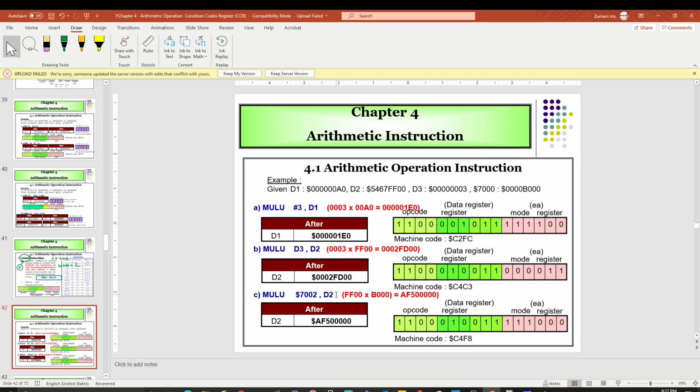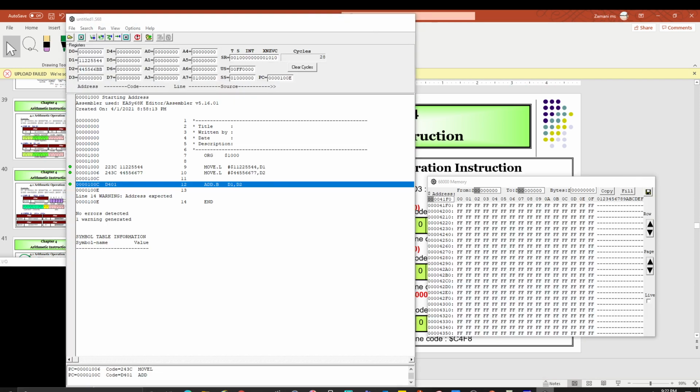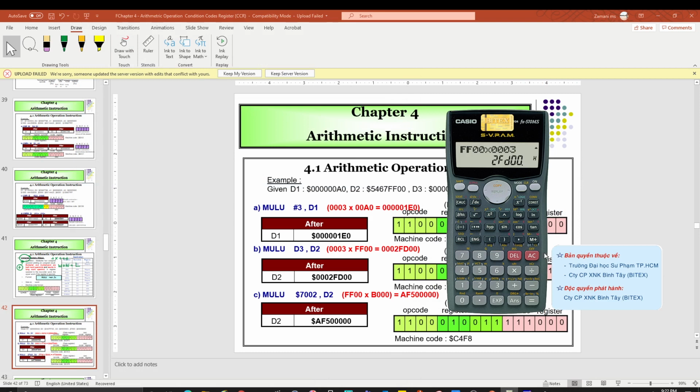Okay, same goes to this one, multiply unsigned. The contents at D2 must have the word size. Word size for D2 is FF00 times MULU word size 2 as 7002. 7002 is given this one. This is 7000, 7001. 2 is coming here, B000. And then you are going to run it.